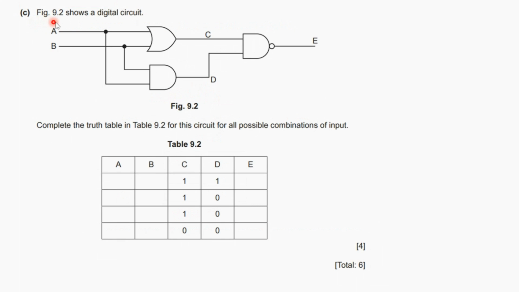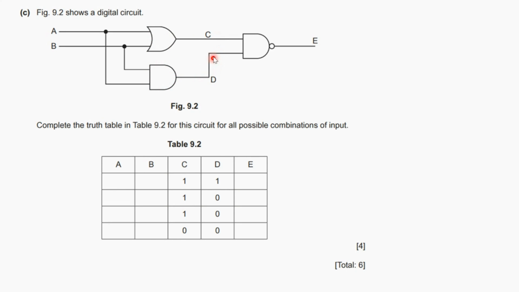Part C, figure 9.2 shows a digital circuit. Complete the truth table in table 9.2 for the circuit for all possible combinations of input. According to the diagram, we have two inputs, A and B, for both the OR gate and the AND gate, and C is the output for the OR gate, and D is the output for the AND.